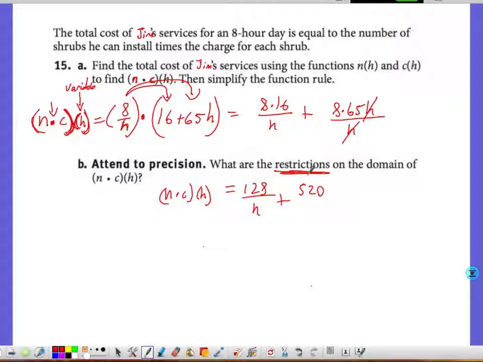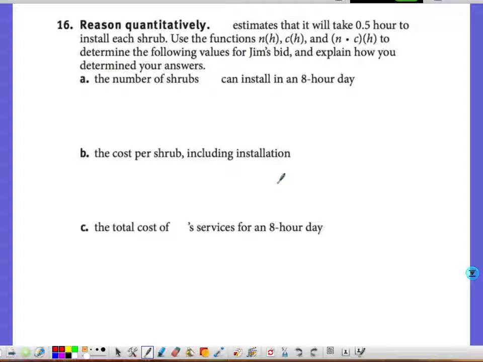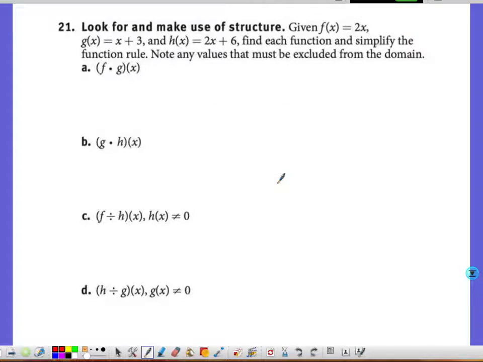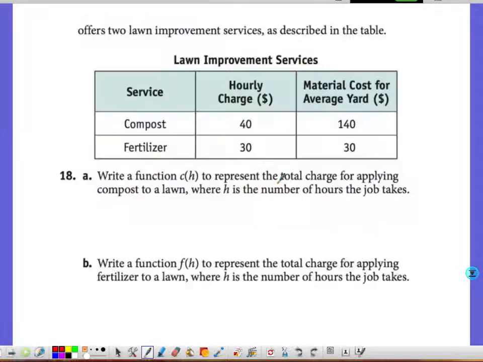Again, the restrictions: since we have h in the denominator, we want it to be greater than 0, because we don't want it equal to 0 or else we get something that's impossible, and since h stands for hours, we want the hours to be positive. Okay. So you can do the rest here.